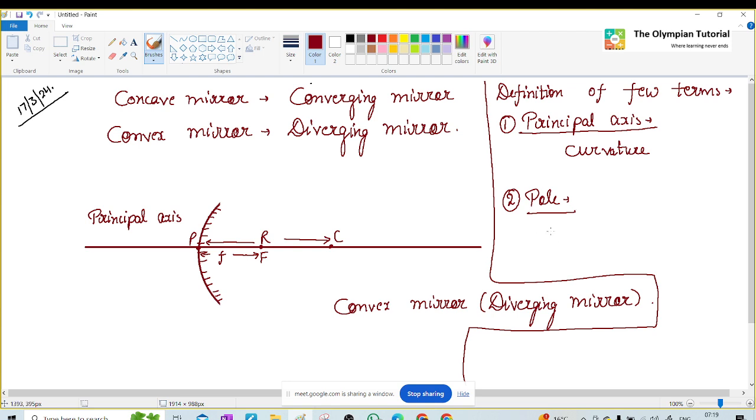Students, when you write reflecting spherical surface, in bracket write aperture. It is also known as aperture. The geometrical central point of the reflecting spherical surface, aperture, is known as pole and denoted by P.